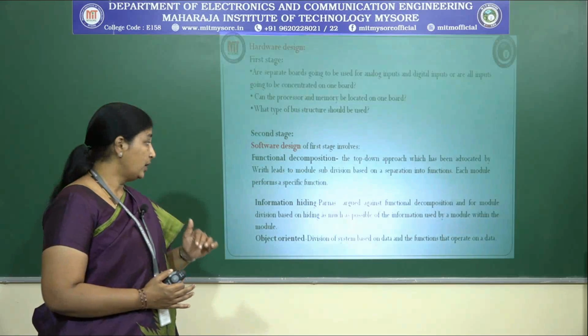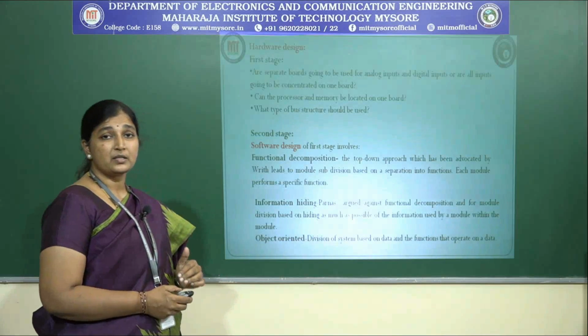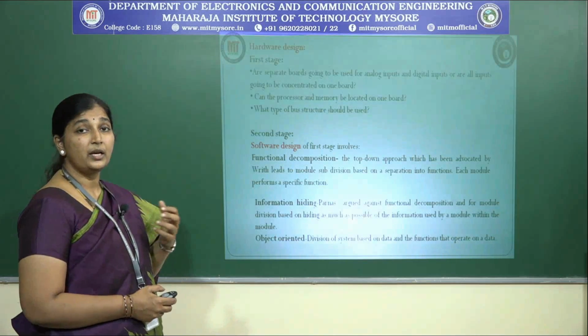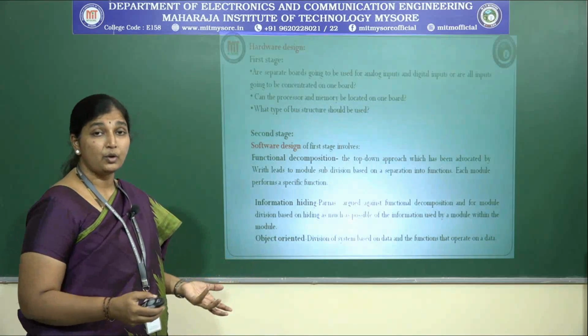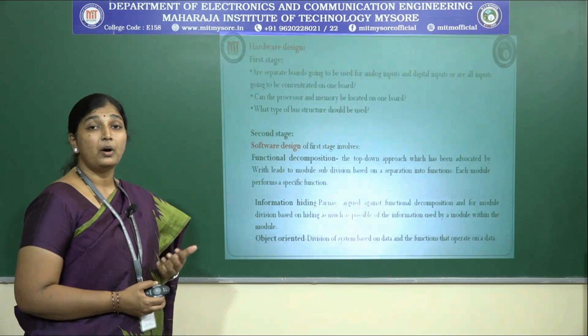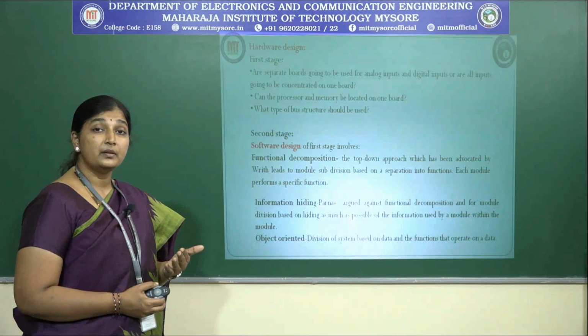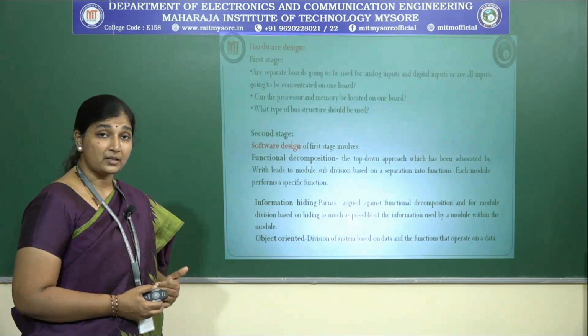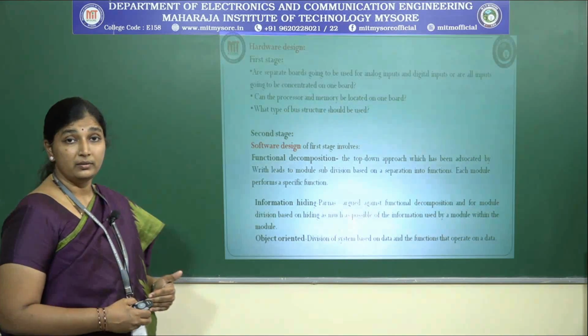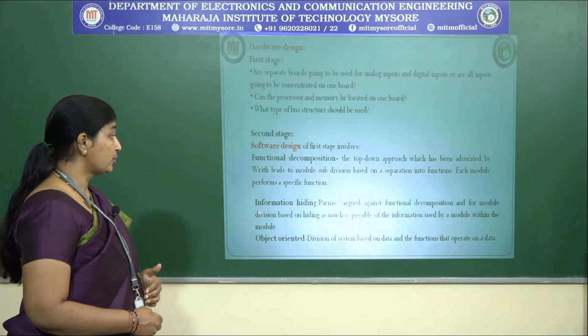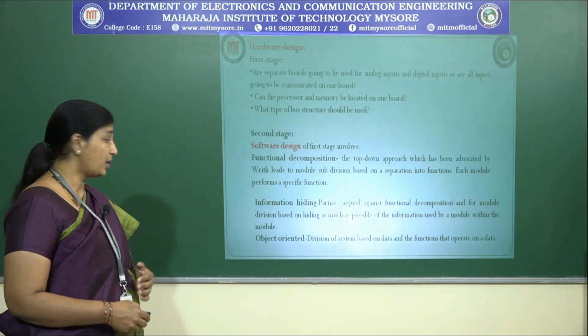Parnas said that instead of going for functional decomposition, because we are not sure whether there will be a subdivision within the subtask, a module within a module has to be dealt with. So then came the information hiding process.